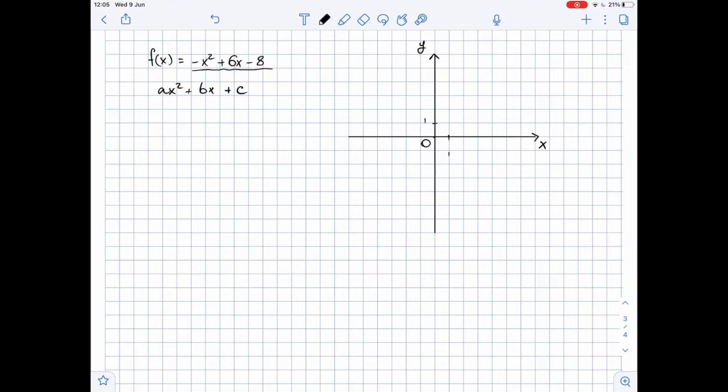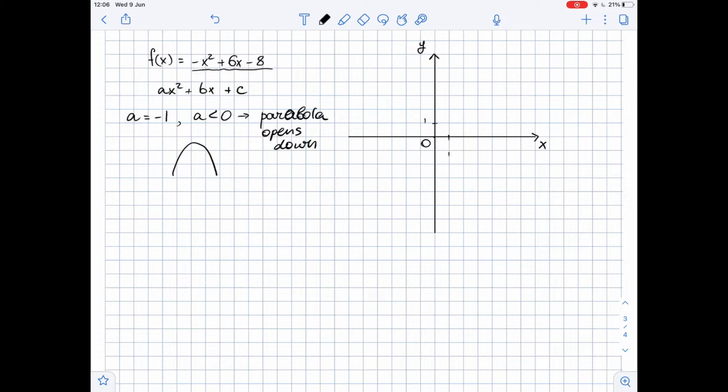And actually in our function negative x squared plus 6x minus 8, a, so the coefficient in front of x squared, is equal to negative 1. So a is equal to negative 1. That means that a is less than 0. And that means that our parabola opens down. So basically it looks like this.